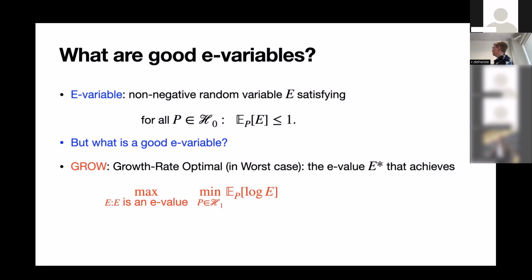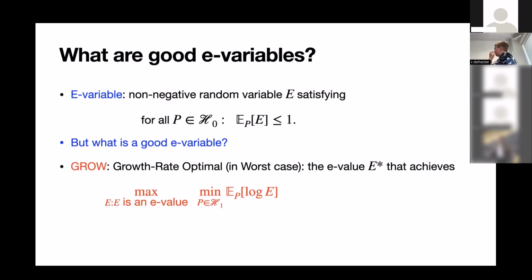That is the e-value E star that achieves the maximum over all e-values such that E is an e-value. So you have your type 1 error guarantee, of the minimum over all distributions in the alternative hypothesis of the expectation under such a distribution in the alternative of the log E. We could also do E, but we have many good reasons for choosing the log as a transformation function here.